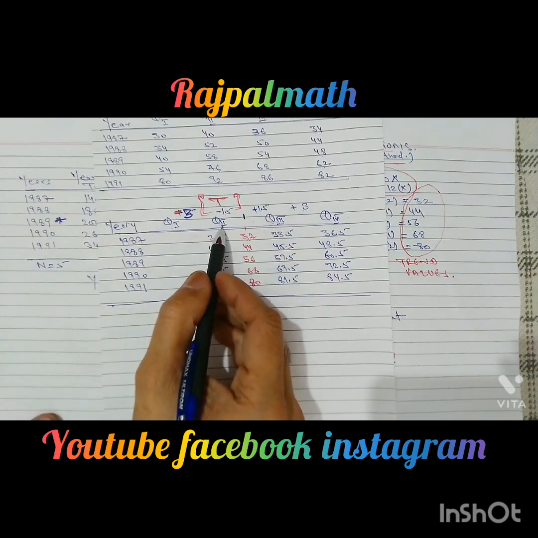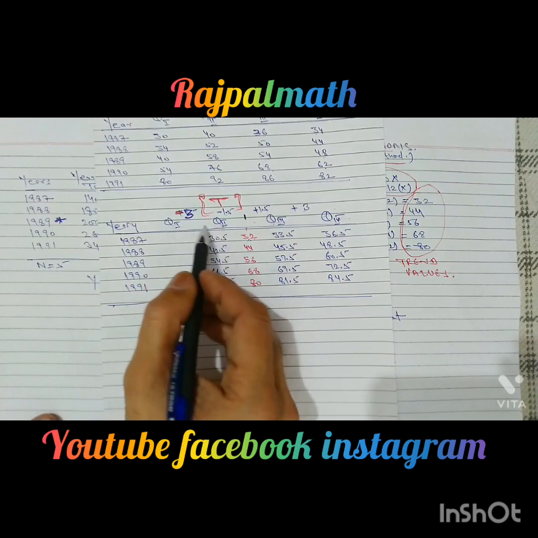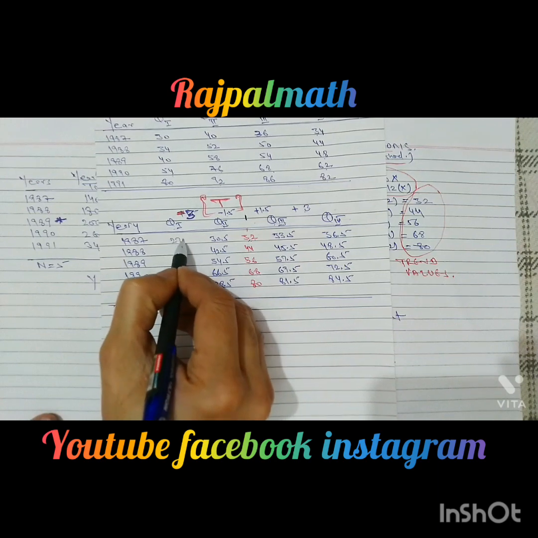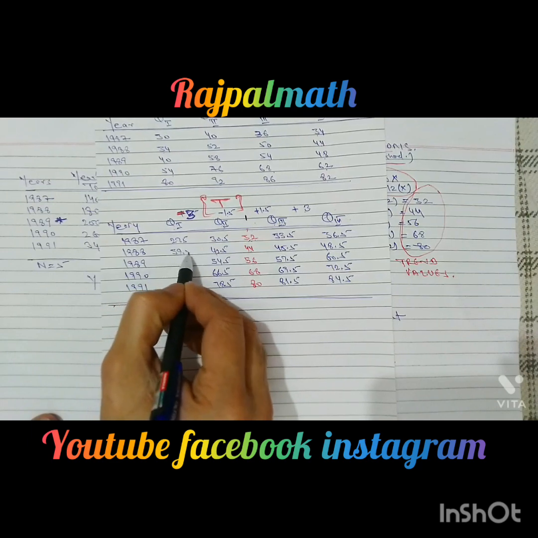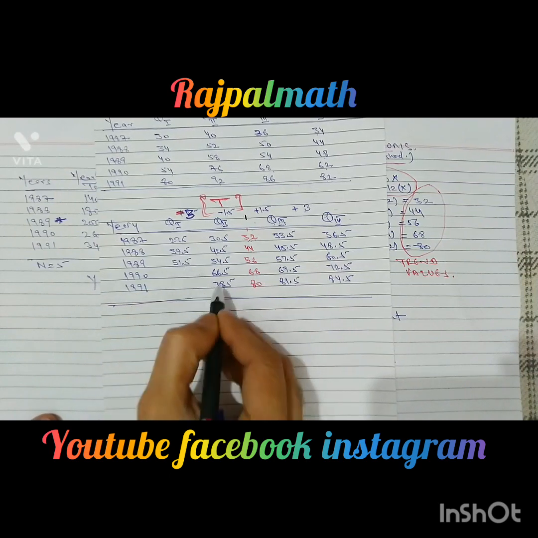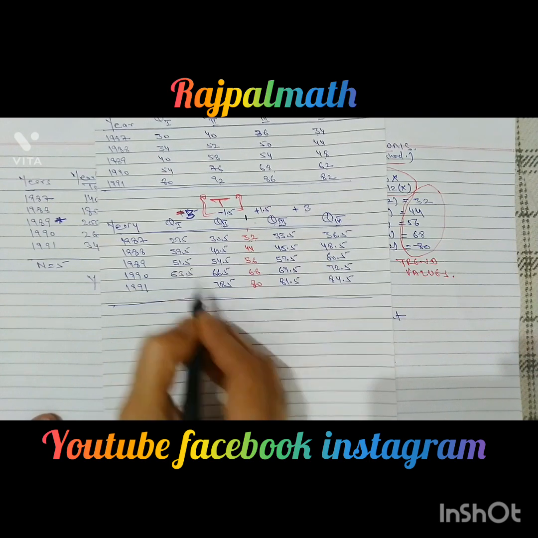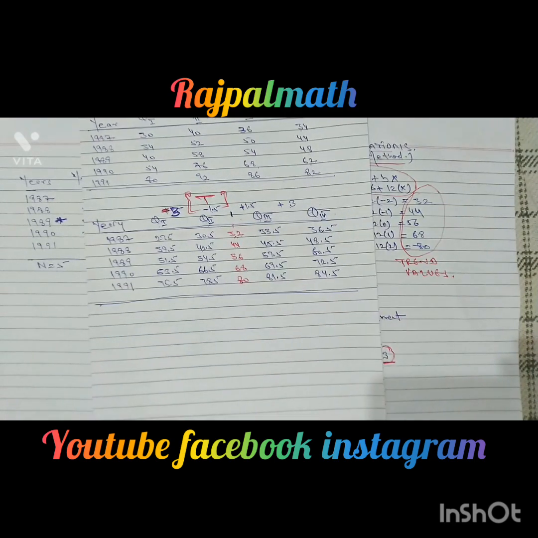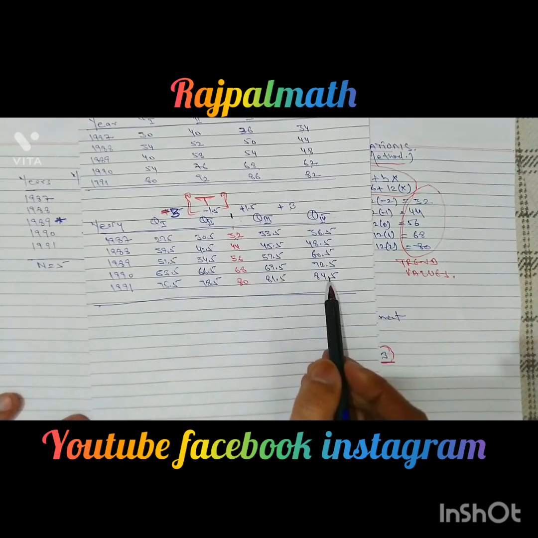Now minus 3: from quarter 2 we calculate quarter 1 values by subtracting the quarterly increment of 3. 30.5 minus 3, 27.5. 42.5 minus 3, 39.5. 54.5 minus 3, 51.5. 66.5 minus 3, 63.5. 78.5 minus 3, 75.5. These are the trend values for quarter 1, quarter 2, quarter 3 and quarter 4.